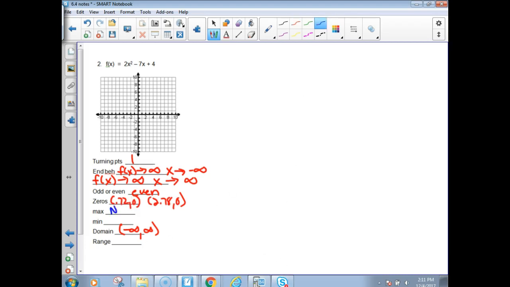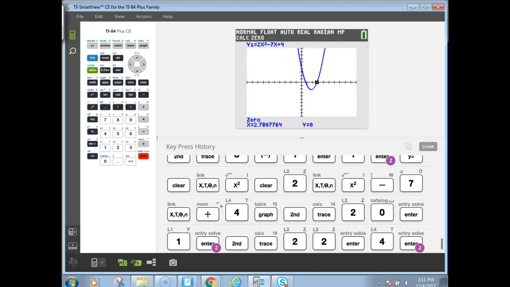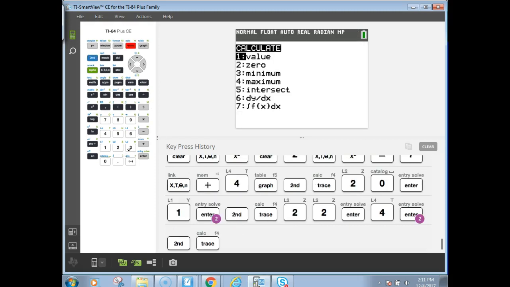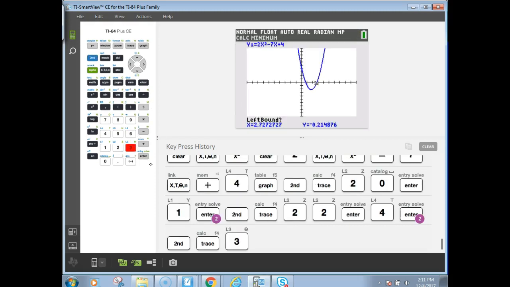There is no max. Okay, not applicable. You can write NA, but there is a min, and that's its vertex. And that'll help me with the range. So second trace, calculate the minimum, choice 3. It's between 0 and 4. I'm just giving quick estimates of x values that it's between.